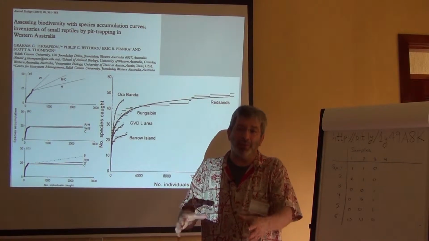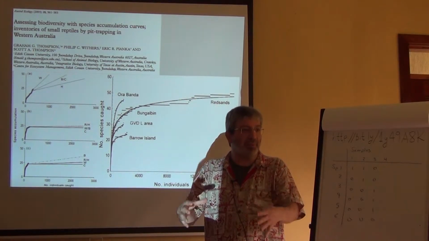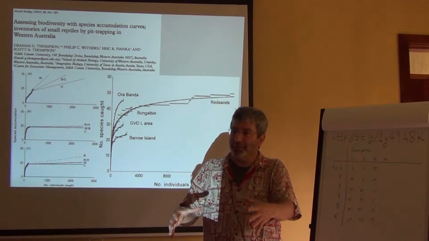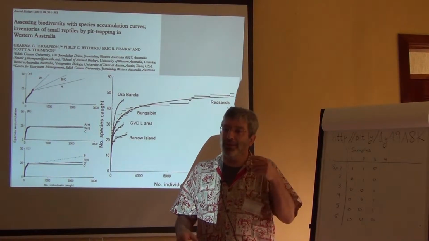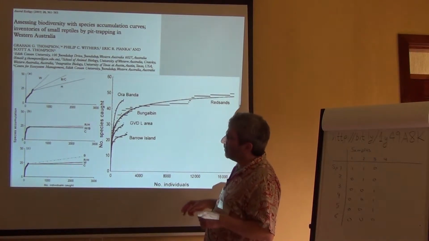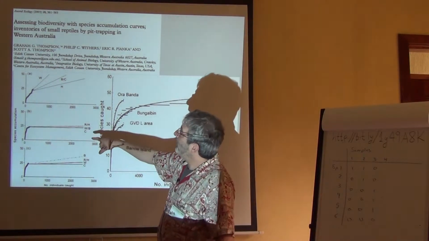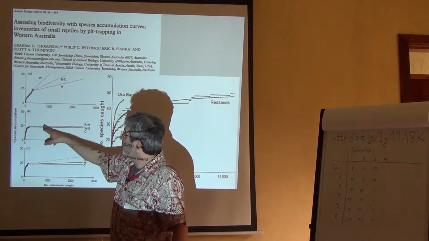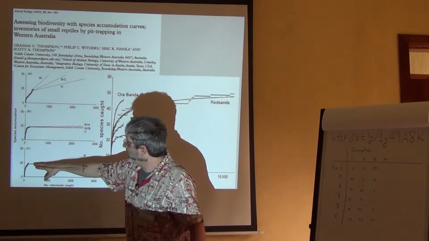Much better that, which is in some sense sampling objectively, than asking what did you see today and how many were there? And yet you can see, some of these inventories look to be leveling off.